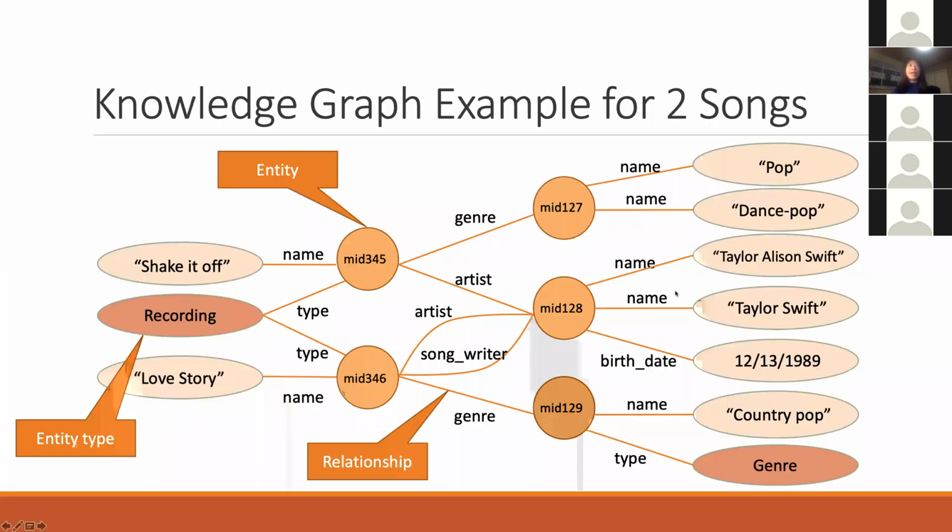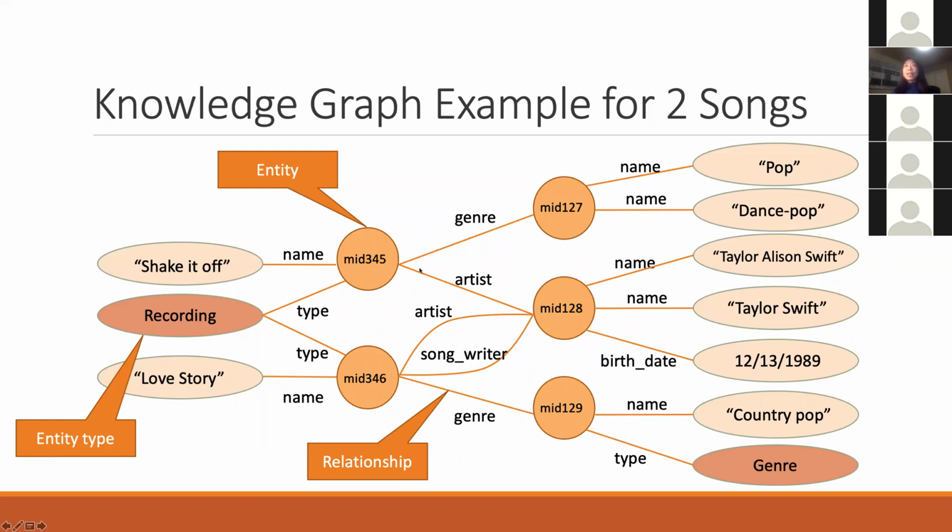Let me first start with giving you a small example of a knowledge graph for two songs. So it is a graph and has nodes and edges. Each node here represents an entity, and an entity could belong to one or multiple different types.